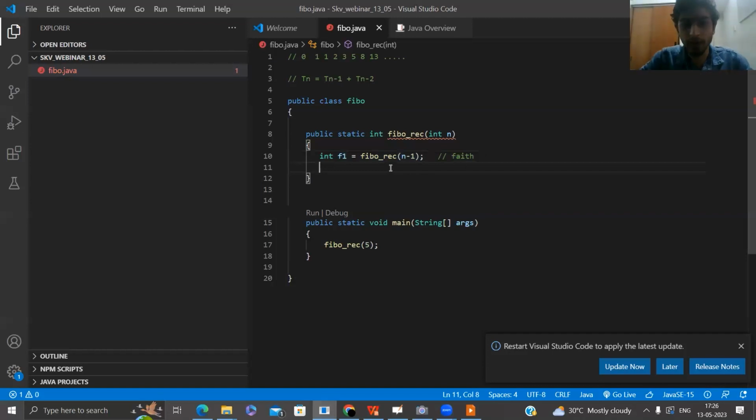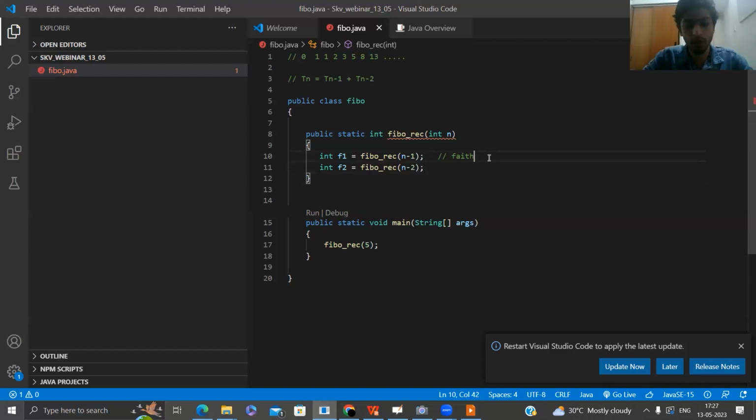Now what is going to be my factor 2? If I again recursively call this particular function by passing n-2, this is going to be my factor 2. Let me mark the indentations properly.